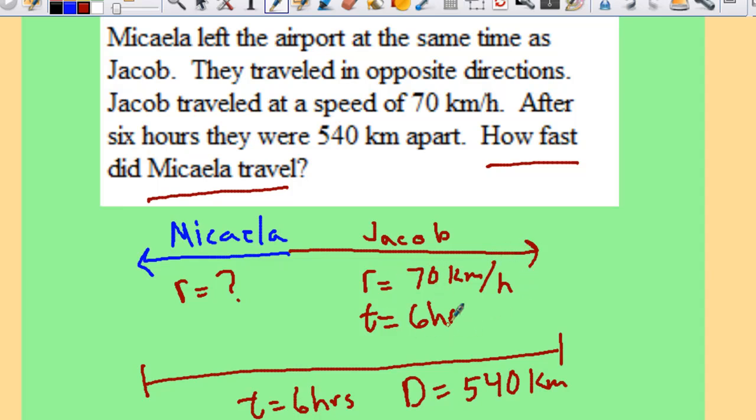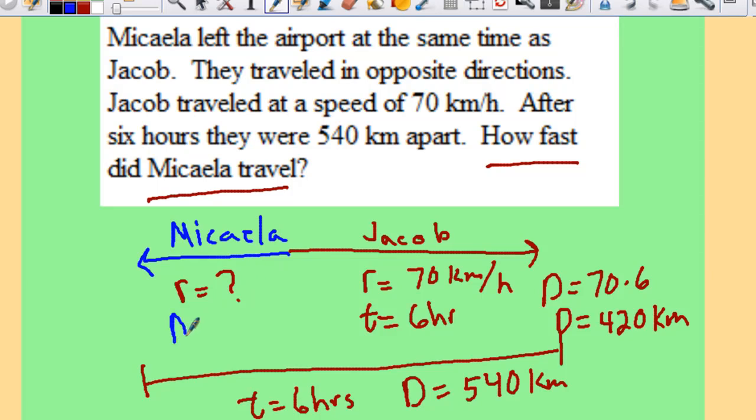So at that point, I can calculate the distance Jacob traveled. So distance is the rate times time. We know that Jacob traveled 70 times 6, that is 420 kilometers. So that means if we do a little bit of math, a little bit of thinking, that would mean that Michaela traveled 540 minus the 420, which is going to be 120 kilometers.